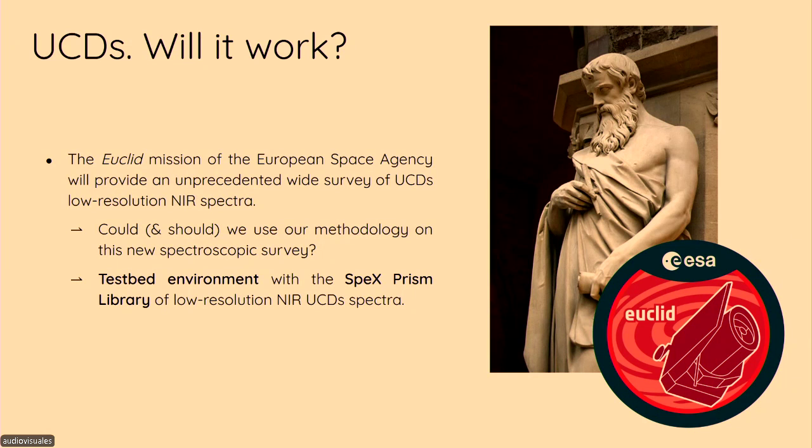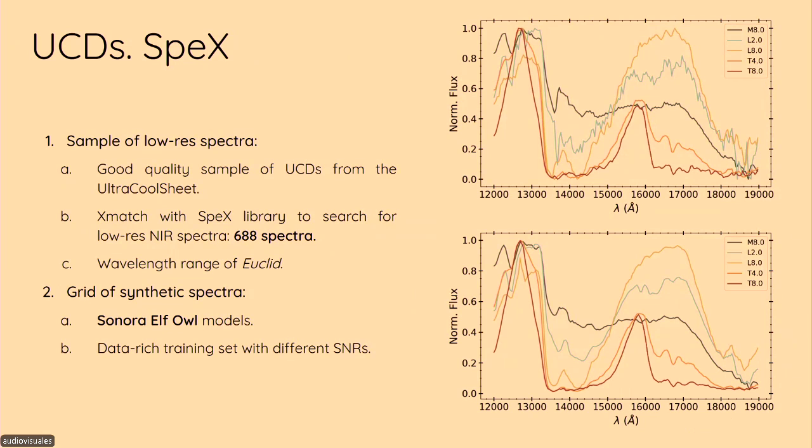Okay. And what we want to do with this testbed environment is just to test if our methodology makes sense in the low-resolution domain. So for this, we need a sample of observed low-resolution spectra and a grid of synthetic spectra to train the models.